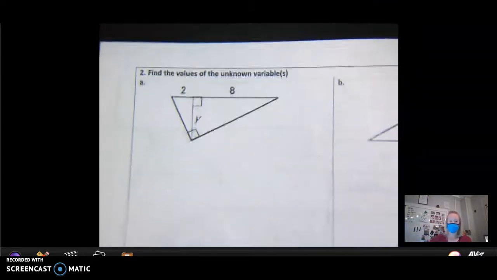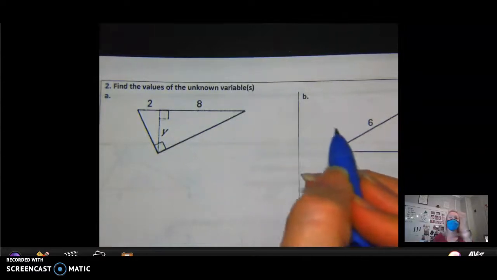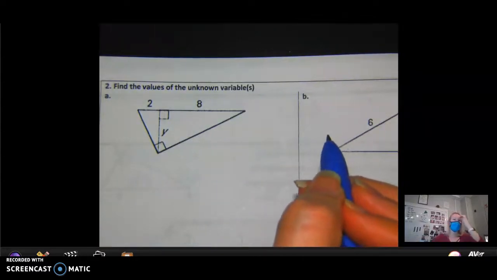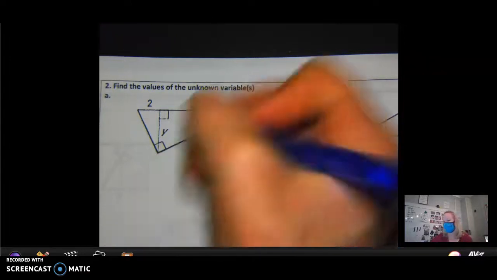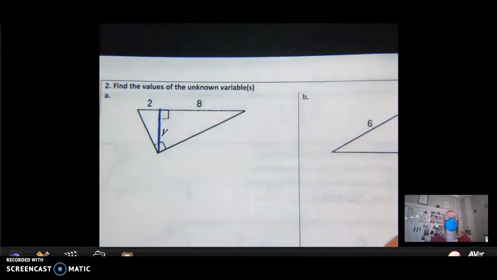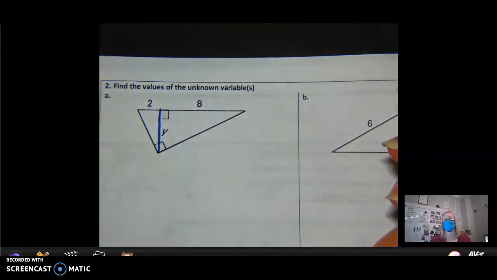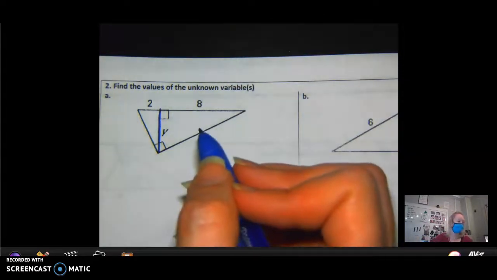All right, so let's try some. Right here, which one does this look like it's going to be? A T or a check? It looks like a T, and the reason being is because this little section right here, the altitude, is labeled with a number or a letter. So if we're going to set up a T on this, how do I set the T up?